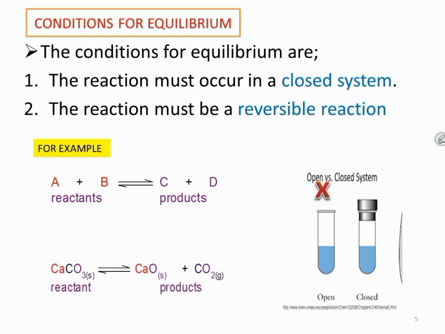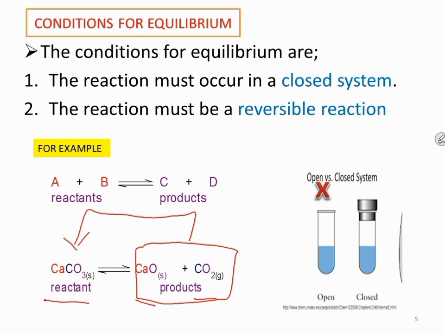A real life example is the decomposition of calcium carbonate. Calcium carbonate breaks down to produce calcium oxide and carbon IV oxide gas. If the system is a closed system, the calcium oxide formed and carbon IV oxide react to give you back your calcium carbonate reactant at the end of the day.